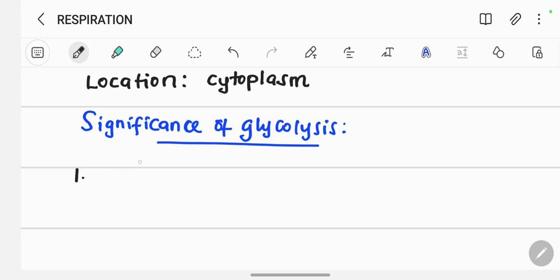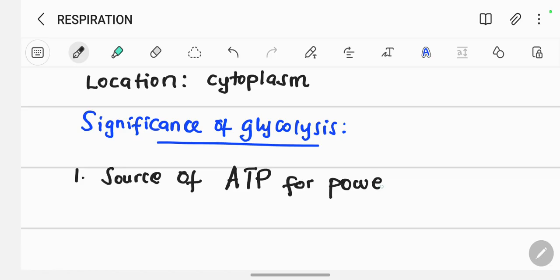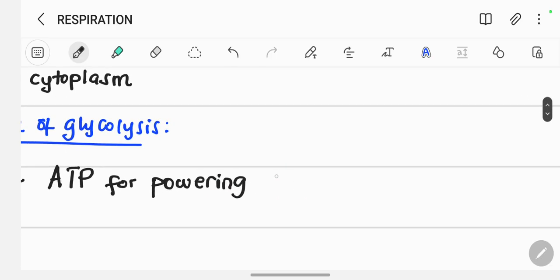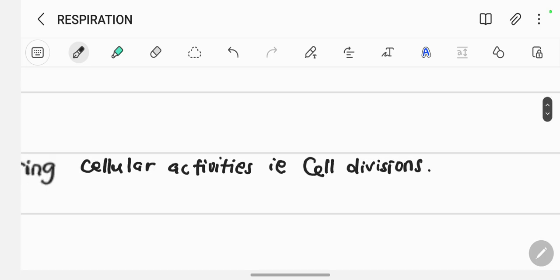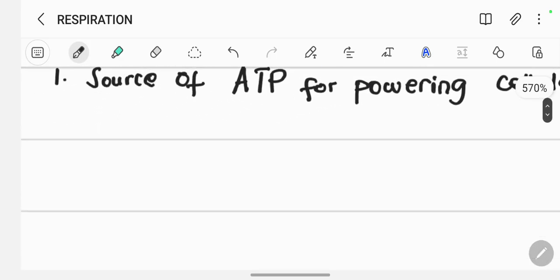So this glycolysis is a source of ATP for powering cellular activities such as cell divisions. Are you seeing that?